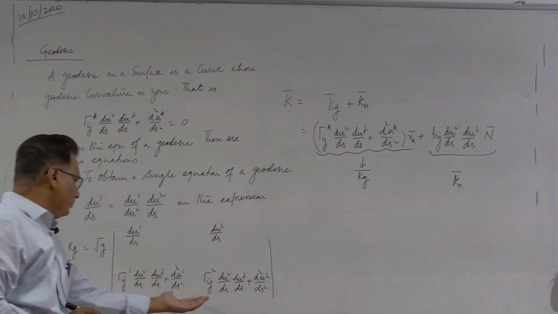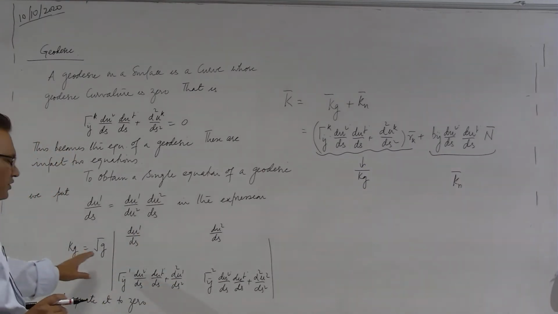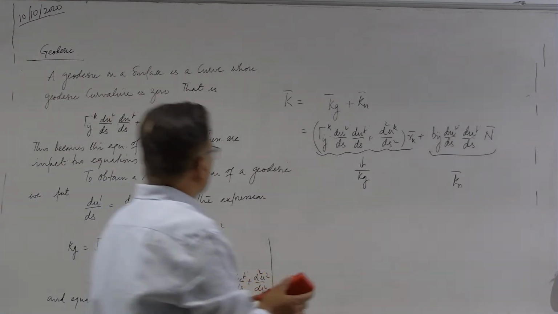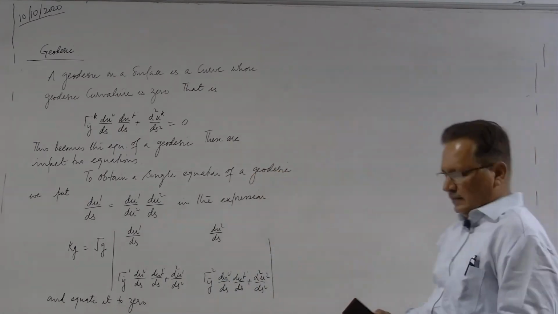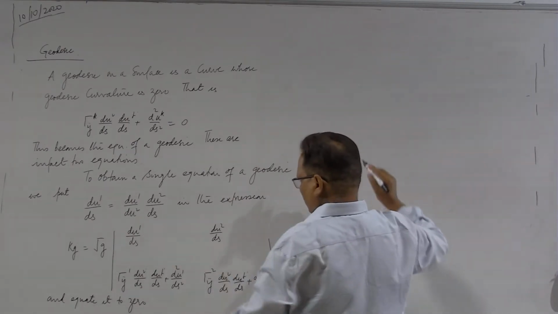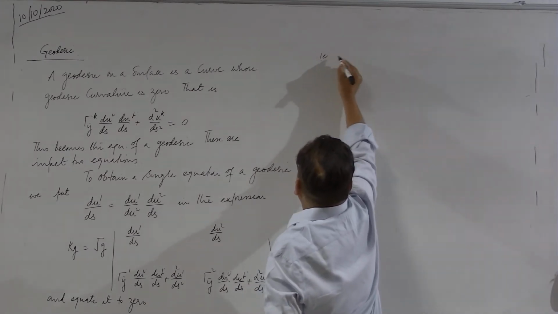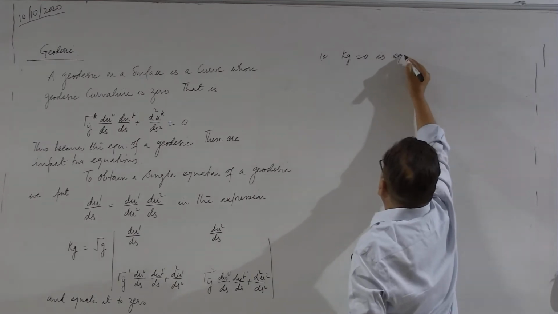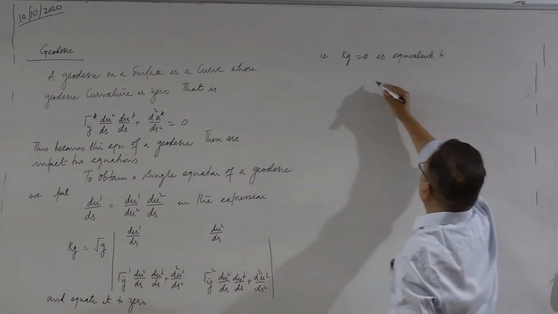The right side will be 0 if this determinant is 0, because under root g is not 0, the surface is assumed to be regular. So, Kg equal to 0 is equivalent to the determinant equal to 0.